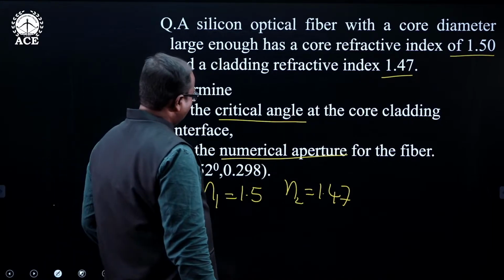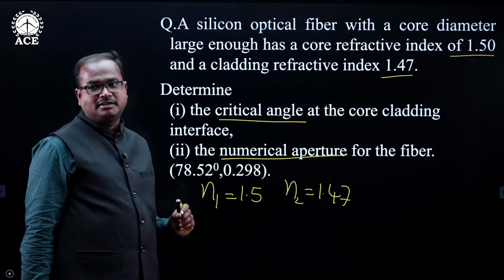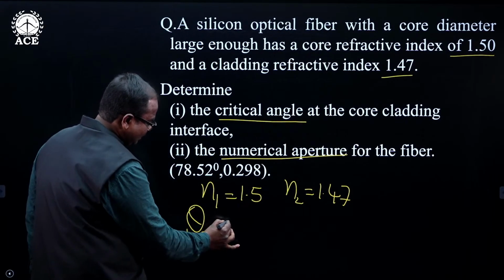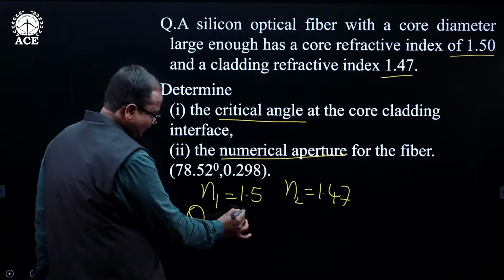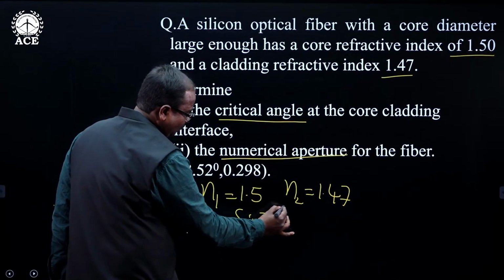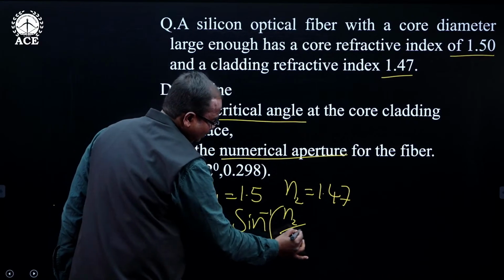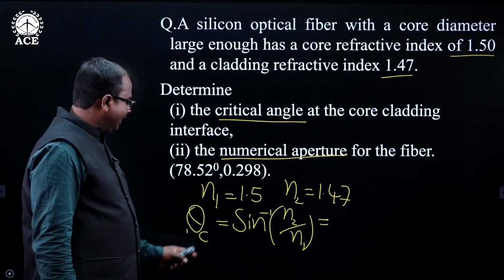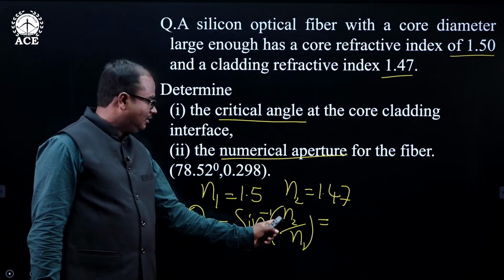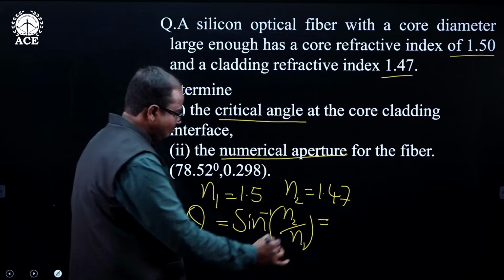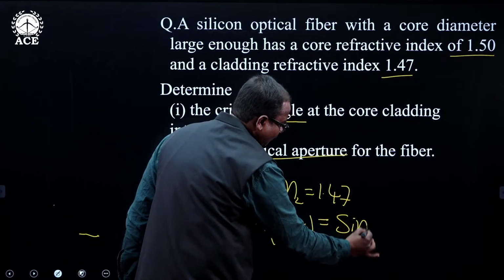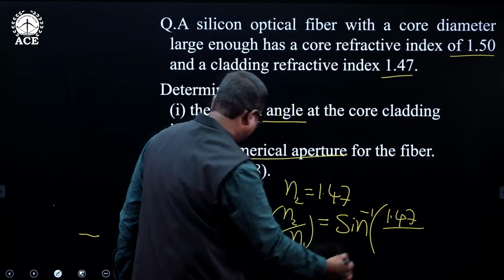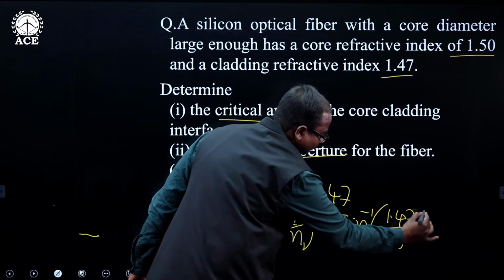There is a formula for finding the critical angle. The critical angle is given by sin inverse of n2 by n1. So sin inverse of n2, 1.47, by n1, 1.5.